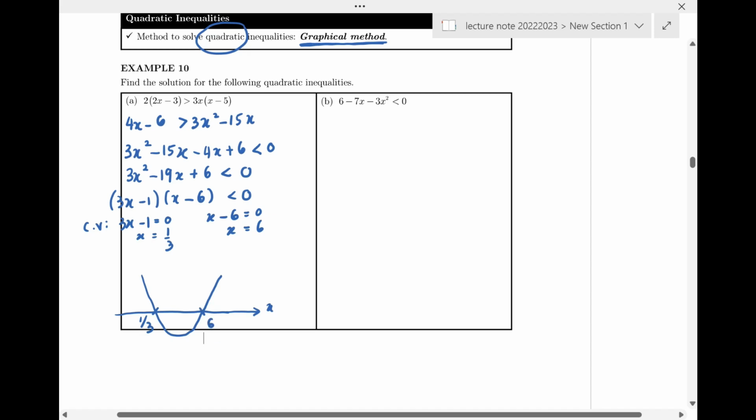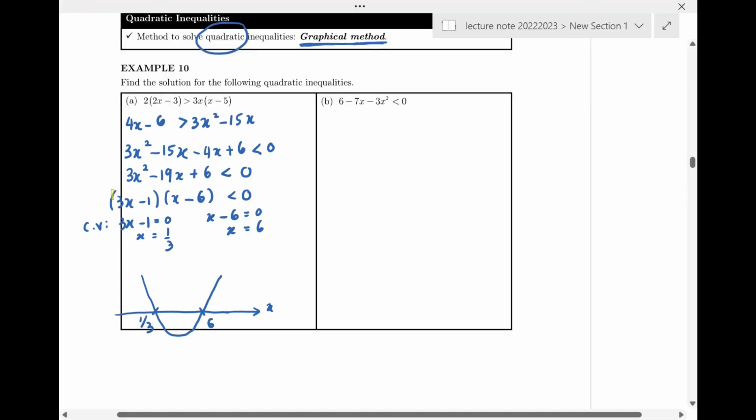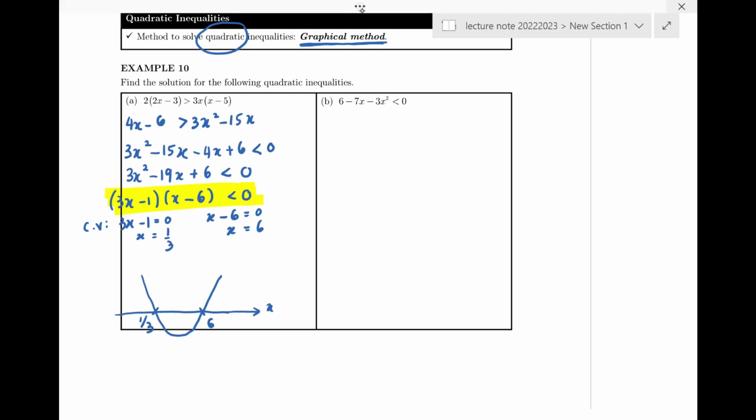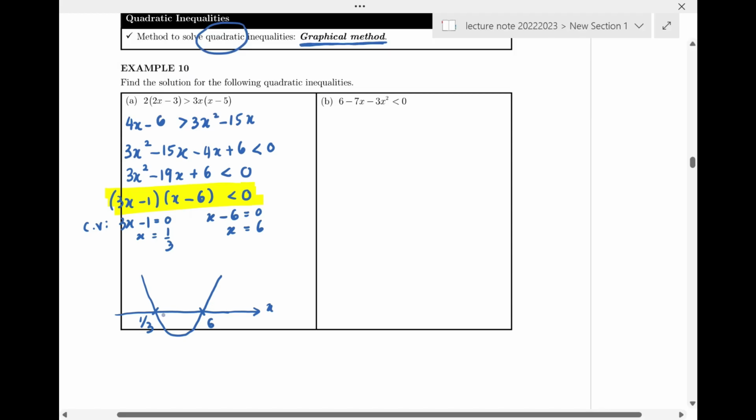Since the question asks for less than 0, I love to highlight what the question asks here. If they ask for less than 0, so what do I do? I will take the part less than 0 of our graph, which is here.